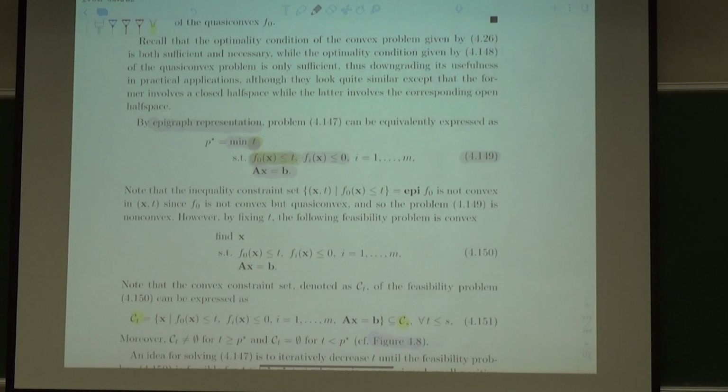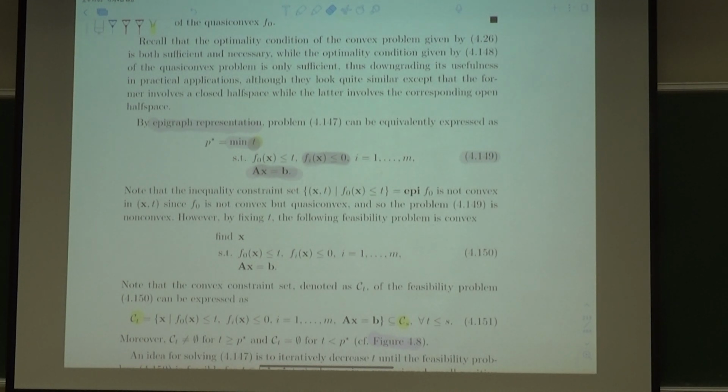The objective function is one variable t. t is a linear function on its own, so the objective function is convex because it's affine. fi(x) less than or equal to 0 is a convex constraint set. And Ax equal to b, yes, a convex constraint set. What about this? f0 less than or equal to t.